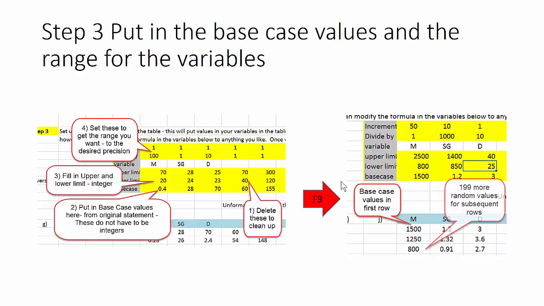Put in the base case values, the values in the original problem statement, in the first row. Then the upper and lower limits, which are integer values, what you're going to divide them by, and the increment above that. After doing that, you'll hit F9 and it creates the table below, which gives you 199 random values between the upper and lower limits.